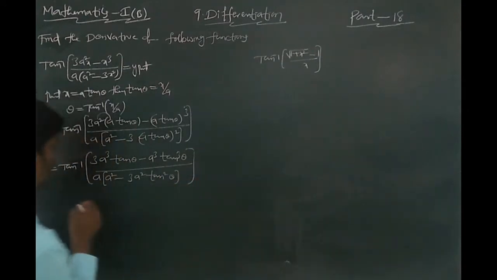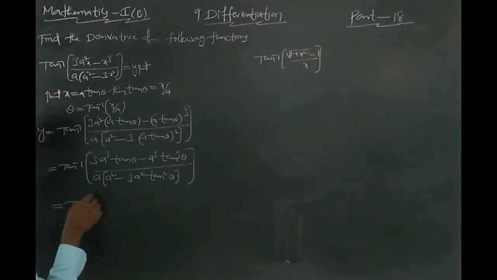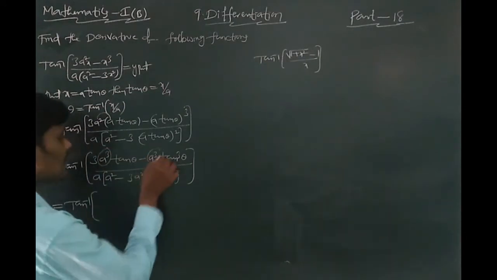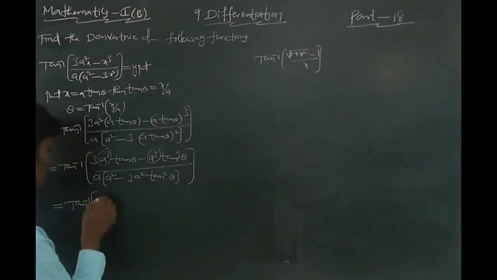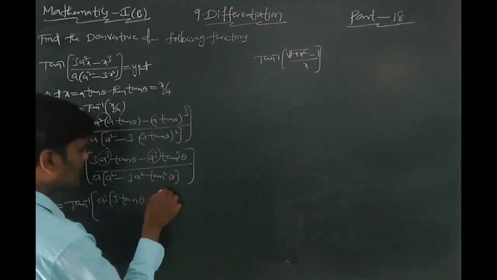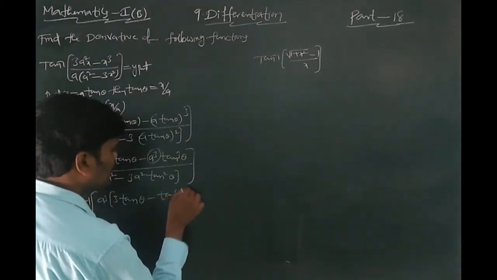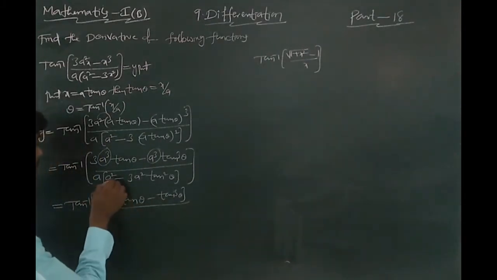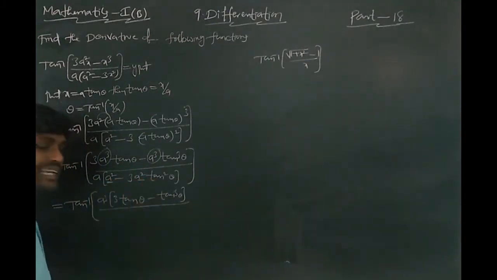After that, in the numerator, which one is common? Here a cube is there, here a cube is there. You can take a cube common in the numerator: a cube into 3 tan theta minus tan cube theta, whole by, in these two terms, which one is common? A square is common.